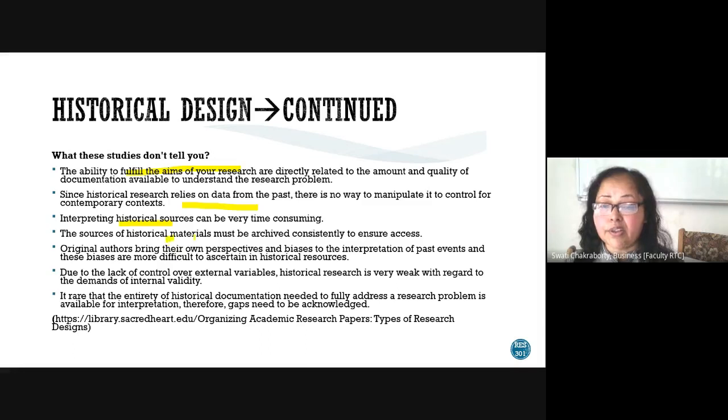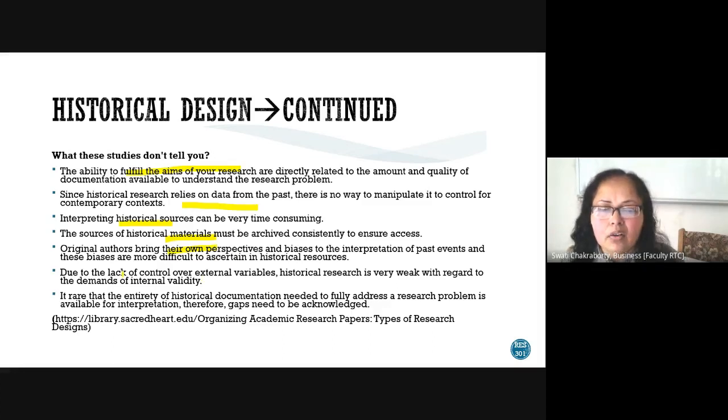The sources used must be archived consistently to ensure access. Original authors bring their perspectives and biases into the interpretation of past events. And so it becomes very difficult to ascertain what exactly the real situation is, because of this bias.